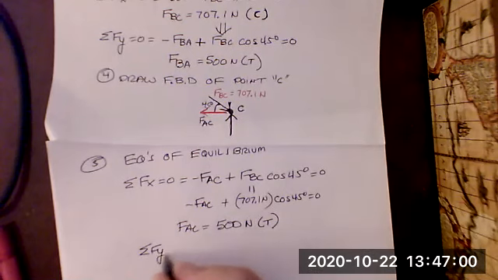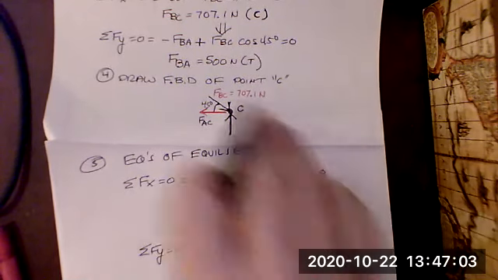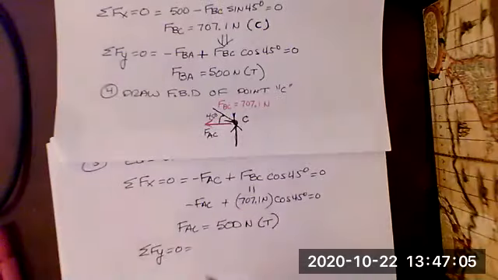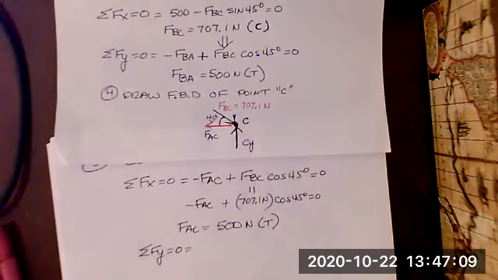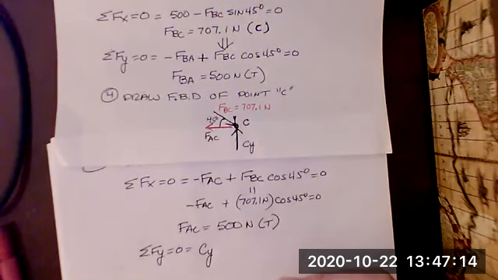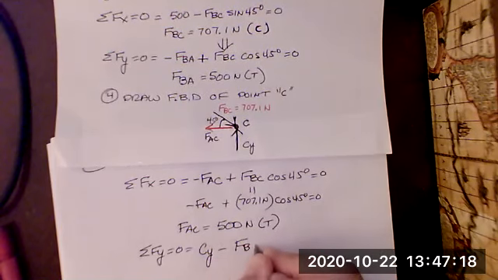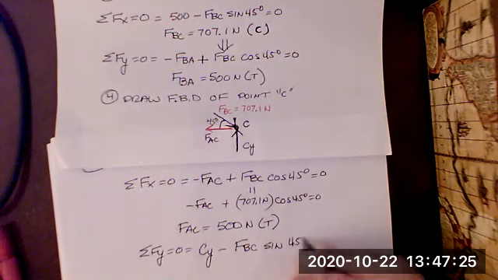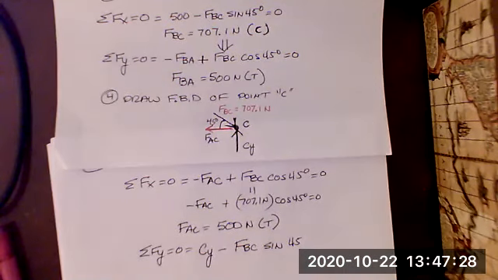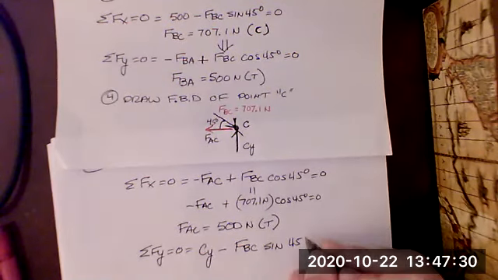Sum of the forces in the Y direction equals 0. What do we have? Well, I'm gonna call this, if you don't mind, CY going up. That's the reaction force, CY, minus FBC sine 45, because now we want the vertical component, sine 45 degrees equals 0.